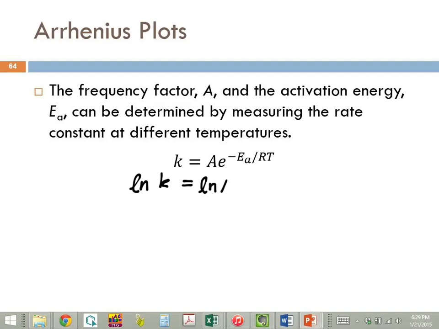So that'll be the natural log of A plus the natural log of e to the minus EA over RT. So this guy right here, the natural log of e to the something is just that something, right? So you may think this is cheating, but it's not cheating. So that's going to be a minus EA over RT.